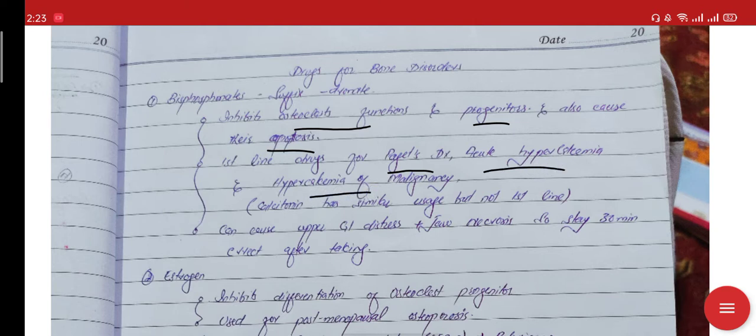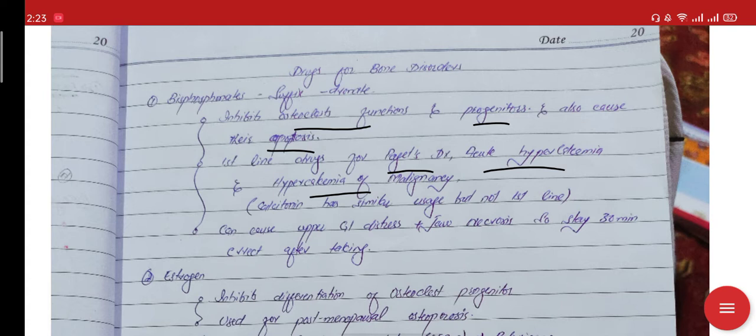In hypercalcemia of malignancy, you know that most malignancies present with hypercalcemia. Whenever there is an acute hypercalcemia, the drug of choice, the first line drug that you should be giving, is bisphosphonate. Similarly in Paget's disease, as we have covered in the previous video, the bisphosphonates are the first line drugs.